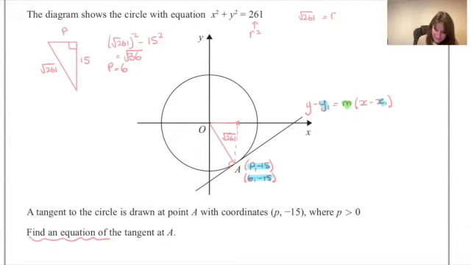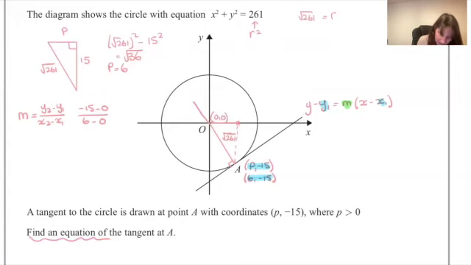Okay, so the gradient is m equals y2 minus y1 over x2 minus x1. So that's our formula for finding the gradient. We have got minus 15 minus 0, and we have got 6 minus 0. Just to be clear, these zeros are the coordinates that I have here. And if I was to extend that line, you can see the coordinates 0, 0 lie on the line.